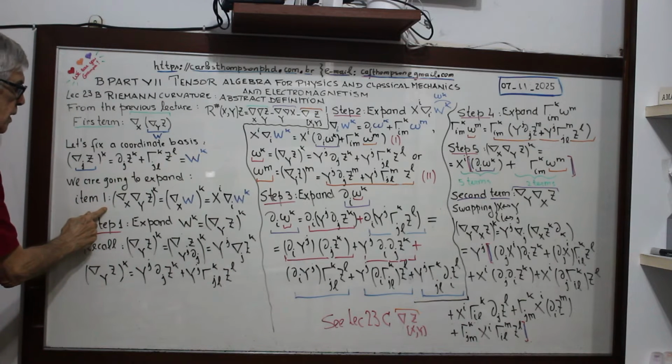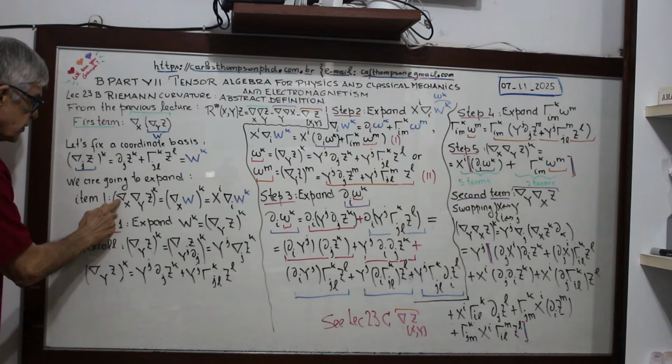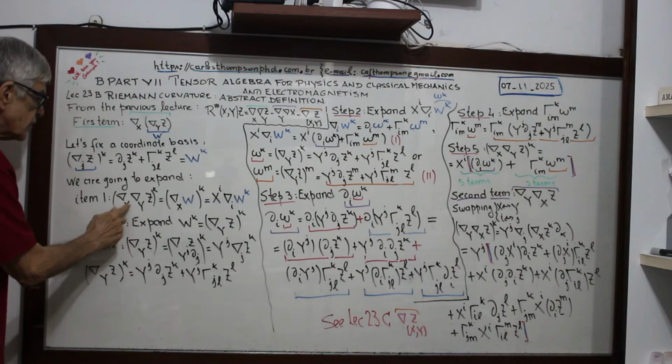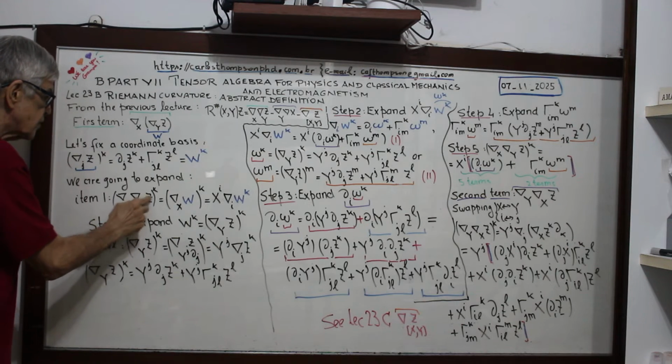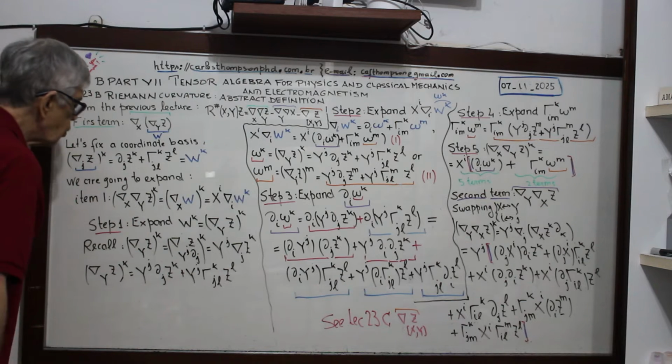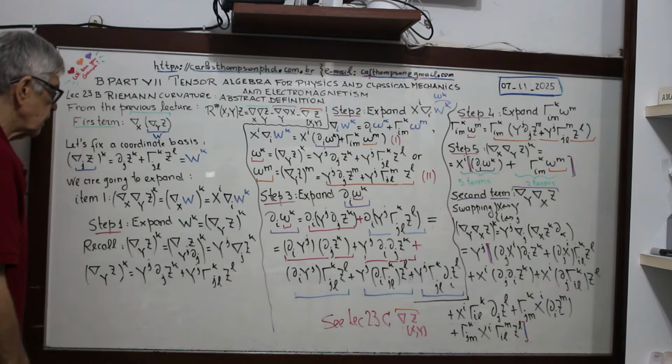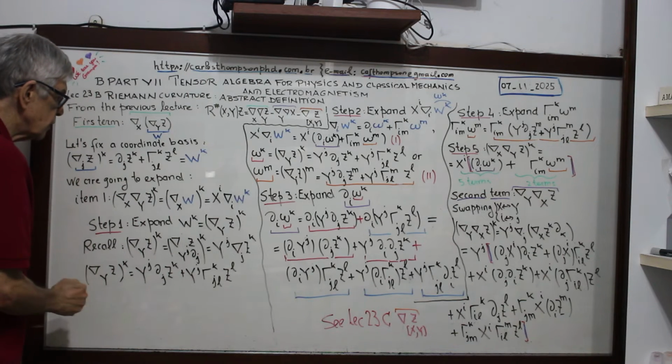Item 1 is the covariant derivative of x, the covariant derivative of y, z, the coordinate, in this case k.